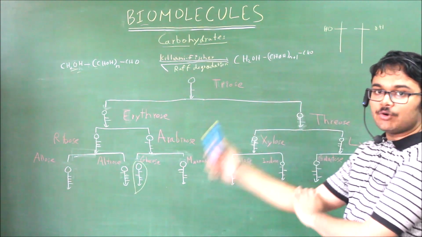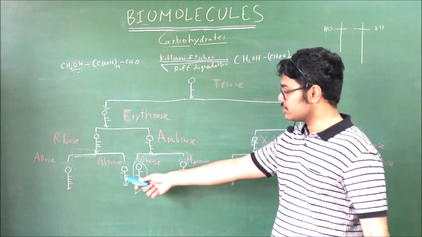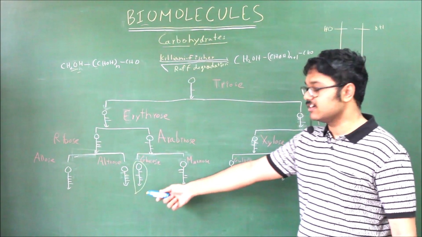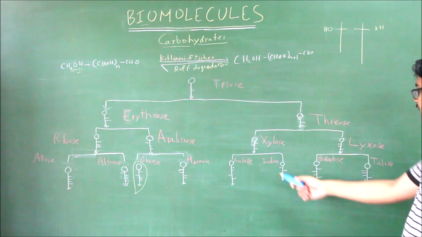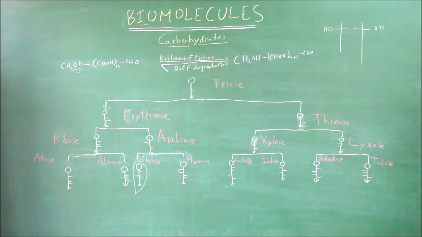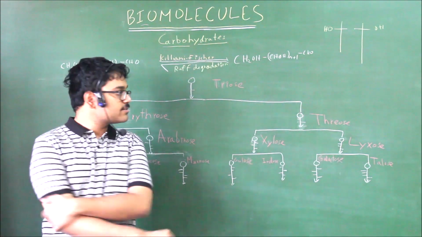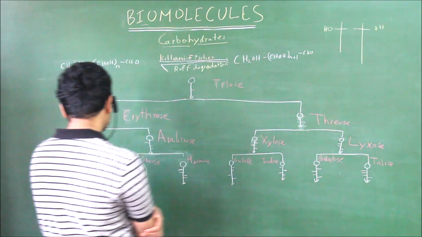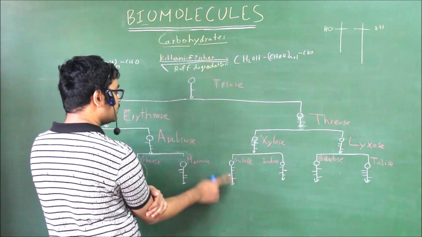And finally, if I repeat the whole process another time, I get allose, altrose, glucose, which is the most interesting, mannose, gulose, idose, galactose, and talose. Now you might be wondering something. I hope you are at least. The last generation are the aldohexoses, right? Because there's one carbon here, 4 carbons in the middle.